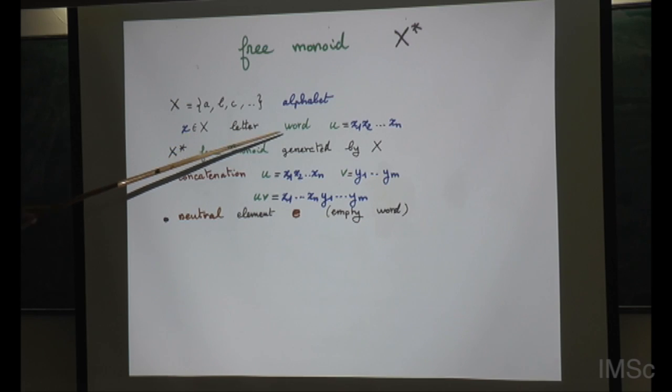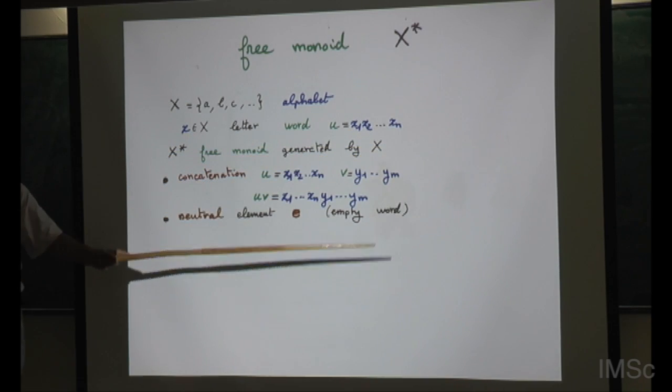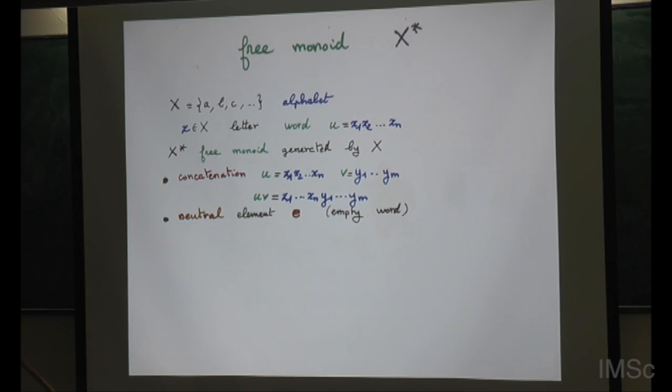And a word is just written like this. It's just a sequence of letters. And we call this a free monoid generated by X. In a free monoid, there is a product which is associative, and there is a neutral element. And it's weaker than a group. There is no inverse in general, but there are only two conditions.